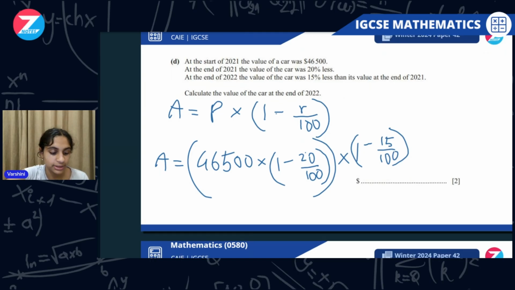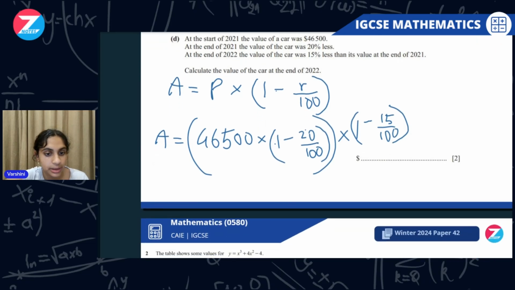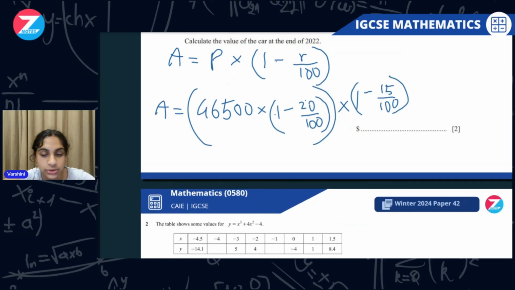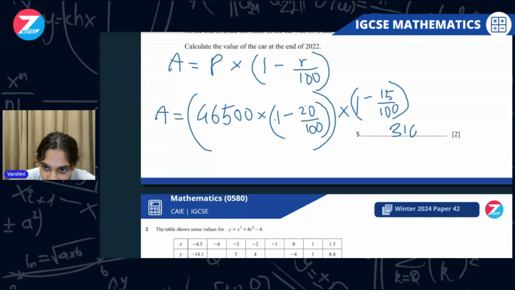So all we have to do now is 46500 into 0.8 into 0.85, and we have our answer, which is 31620. So we're just going to write that over here.